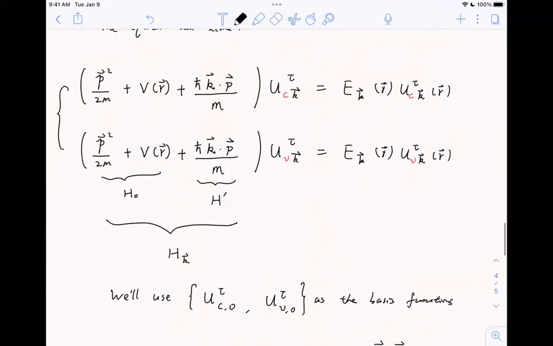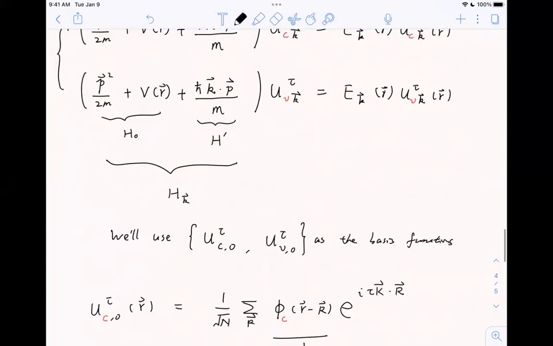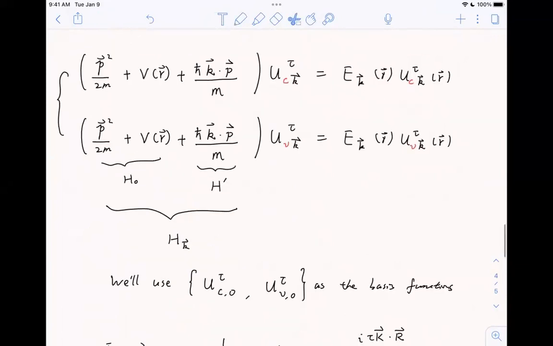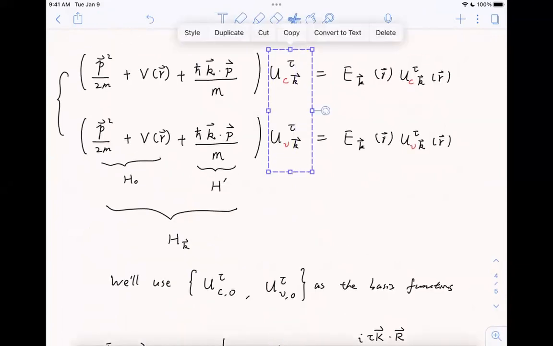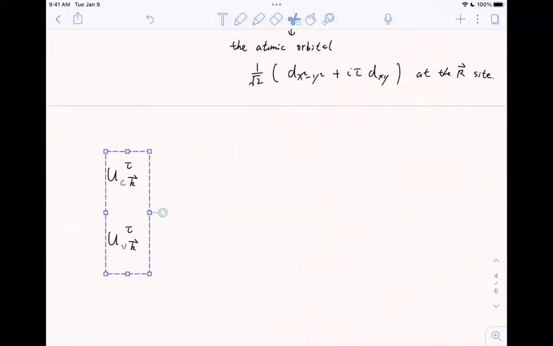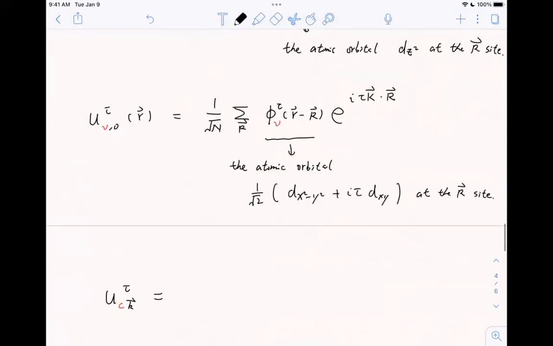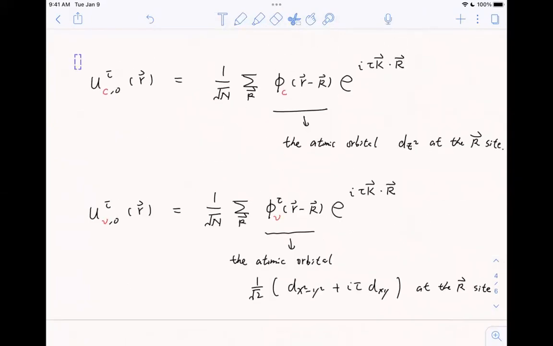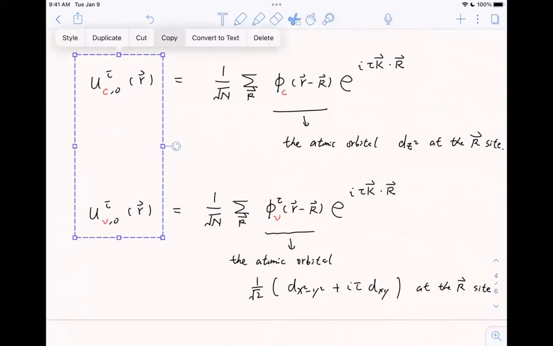So we're going to express this. So 0 means it is exactly at the k point. The small k is 0. Okay, so let's look at these two. Each of these will be a linear combination of these two.